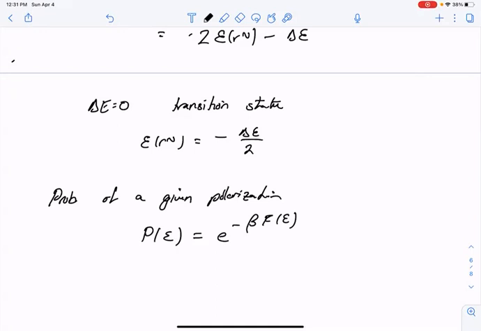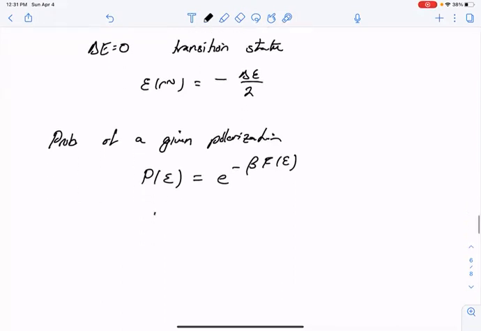Within dielectric continuum theory, within that linear response approximation we briefly alluded to, that free energy can be modeled as a Gaussian with some constant of proportionality that tells me the extent of fluctuations, known as 1 over lambda, the so-called reorganization energy.